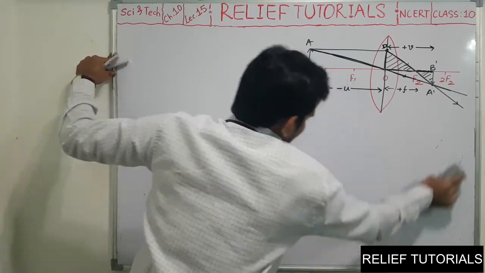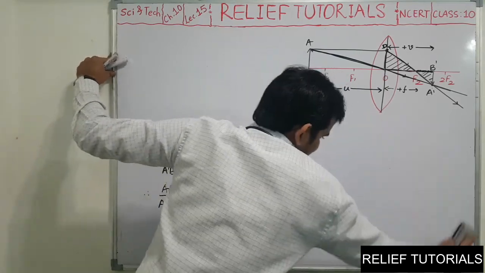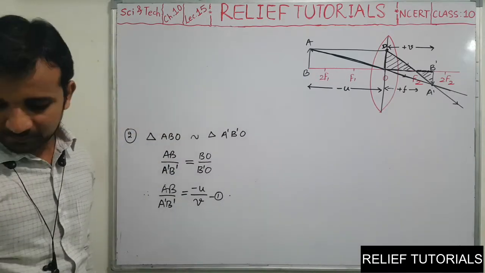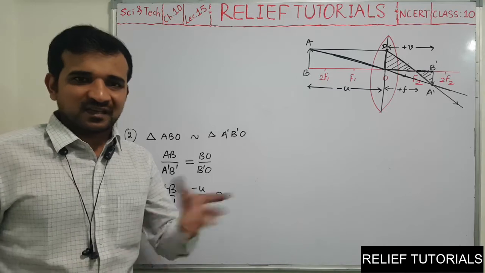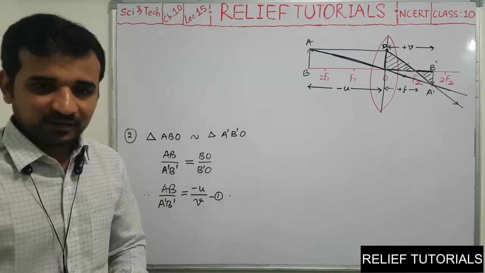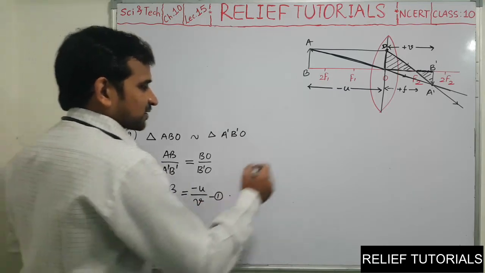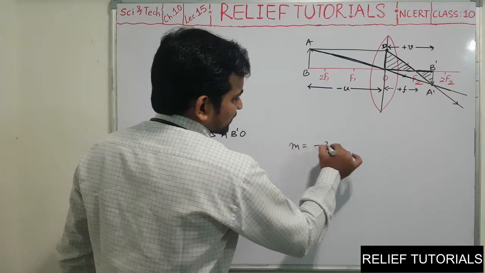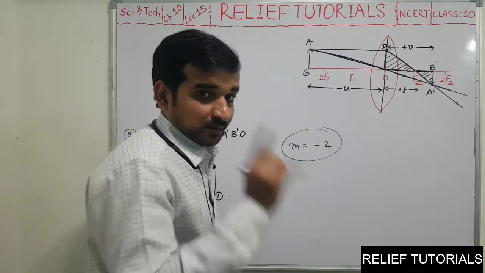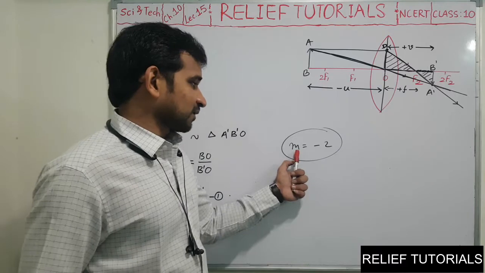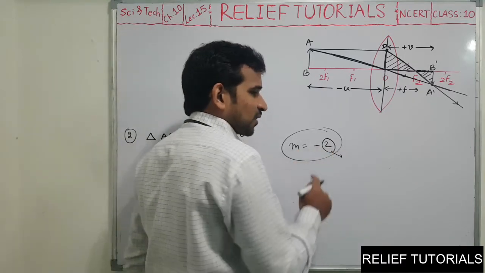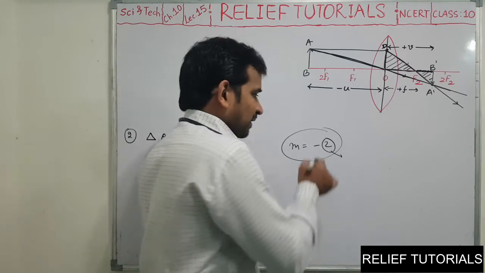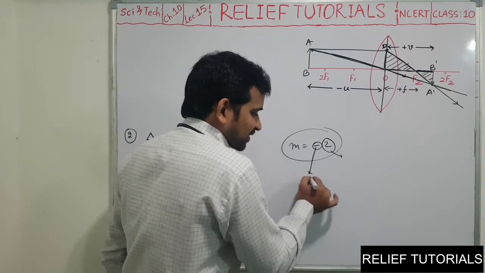See, what do you mean by magnification? Magnification is one type of a number. It's a simple number which represents how many times the image is larger or smaller than the object. Let me remind you something. If I say magnification is minus 2 in the case of mirrors, what does it mean? 2 means image is 2 times bigger, and minus represents the nature.